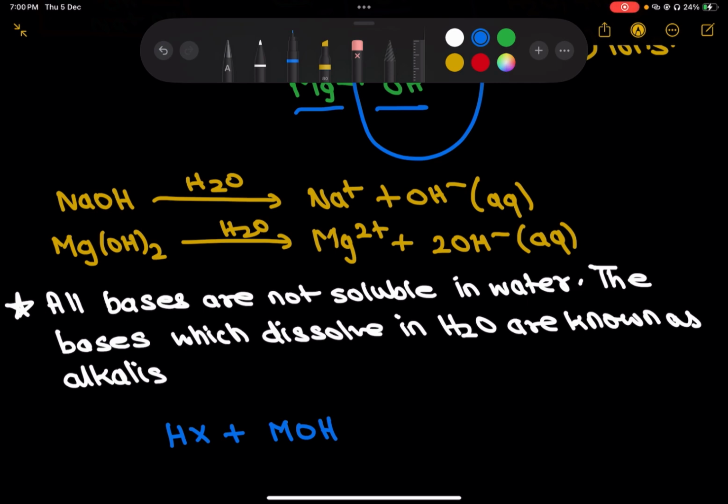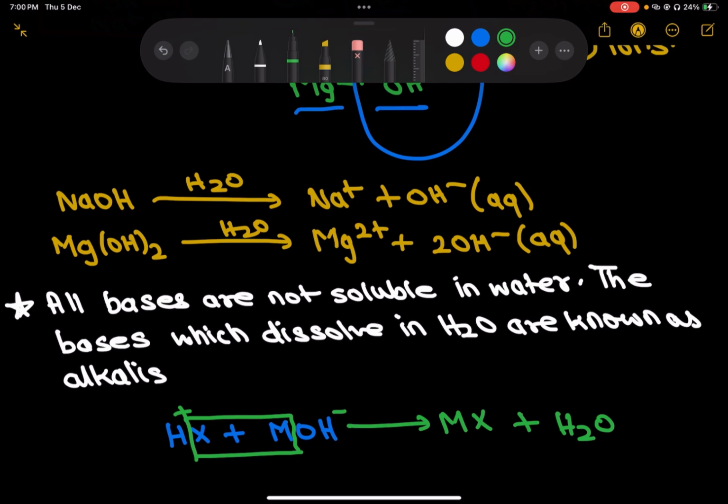So this is a general way of writing acids and bases. Here the mechanism which takes place: X and M separate out and form a salt, MX, and the OH minus and H plus ions combine to form H2O.